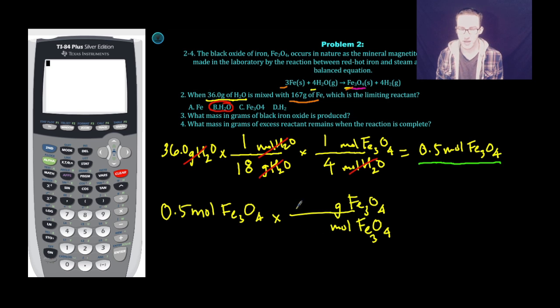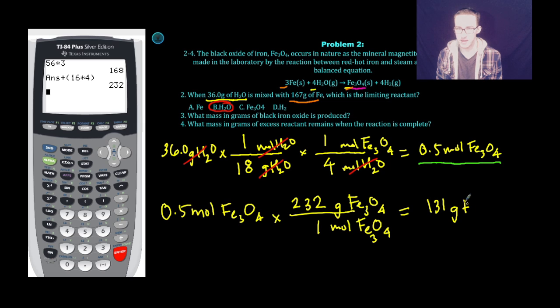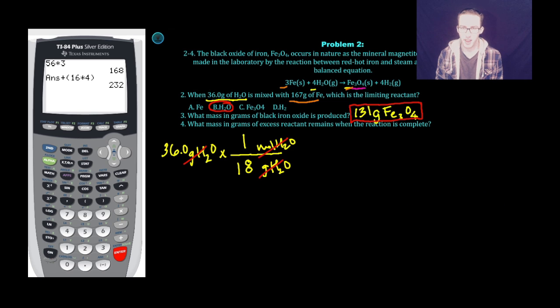This relationship would come from the periodic table. I would need to take the mass of 3 iron and 4 oxygen. If I do that, I get an approximate mass of 232 grams of Fe3O4, which means that I'm only going to make approximately 131 grams of Fe3O4 upon the reaction of 36 grams of water.